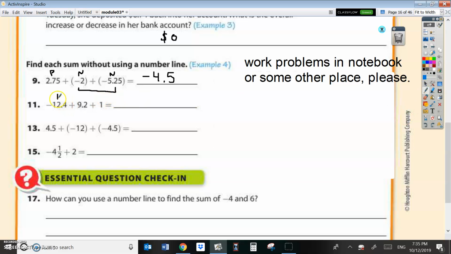Okay, so there's negative, positive, positive. Put these two together and you get 10.2. That's negative, so now we need to subtract 12.4 minus 10.2. So just bring your decimal down. 2, 2, but keep it negative, negative 2.2.